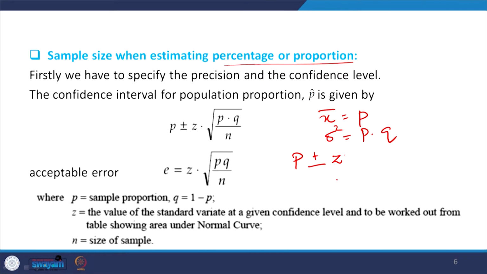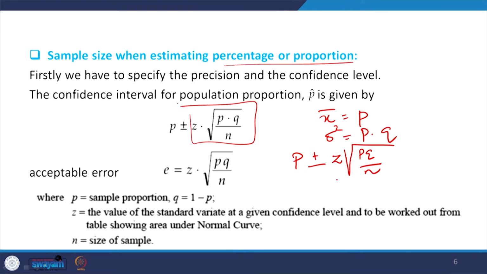So, the confidence interval is p plus minus z times the square root of p q, that is the variance, divided by n, basically multiplying with the standard deviation of that distribution. So, our acceptable or margin error is E equal to z times the square root of p q upon n.